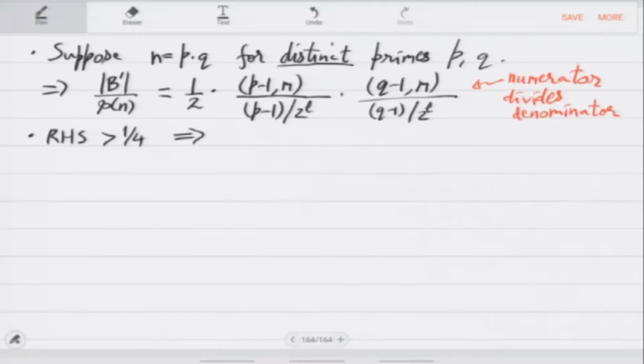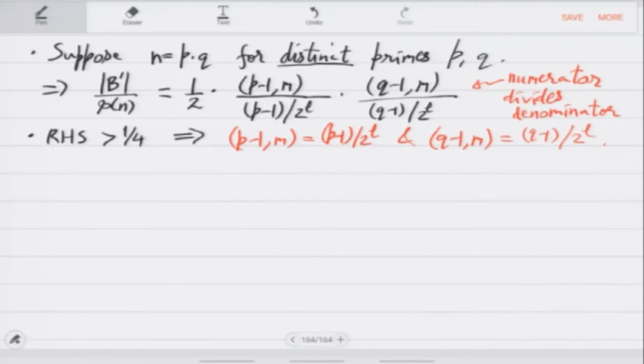So right hand side greater than 1 by 4 means the only possibility is that each of them is 1. So GCD(p minus 1, m) is (p minus 1) divided by 2 raised to L, and GCD(q minus 1, m) is (q minus 1) divided by 2 raised to L. That's the only possibility, only bad case to analyze.